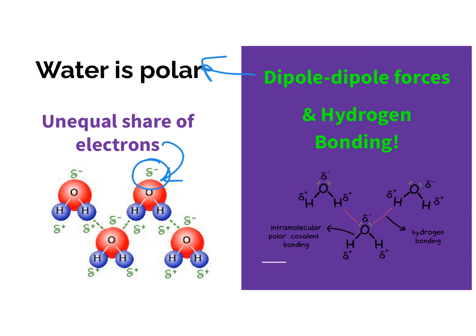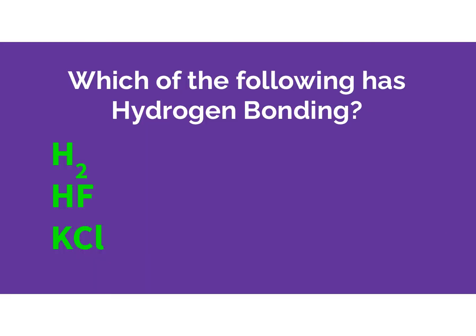They also experience hydrogen bonding, which happens between the H and the O, those partial negative and partial positive charges. Now, which of the following here has hydrogen bonding? Our answer is HF because we said hydrogen bonding can occur when an H is bonded to an F, a Cl, an S, an O, etc.